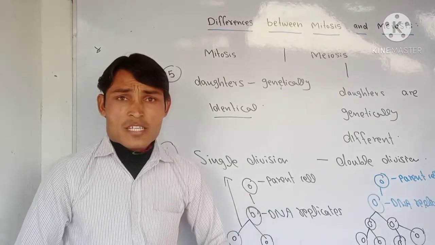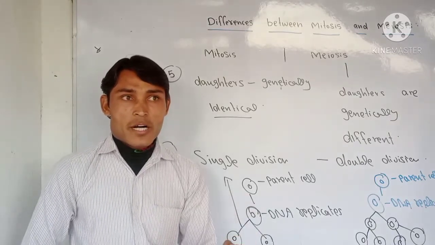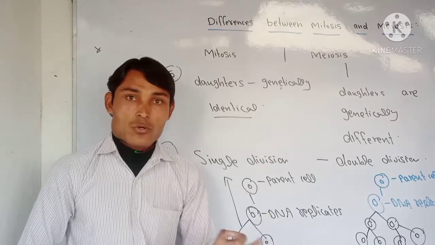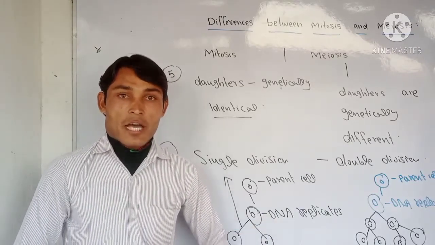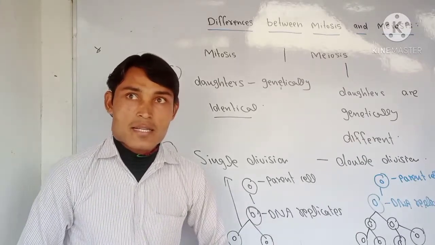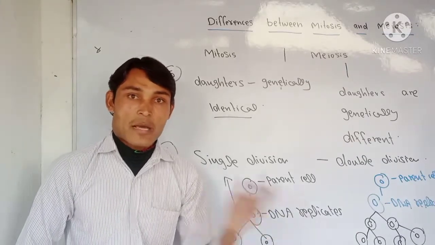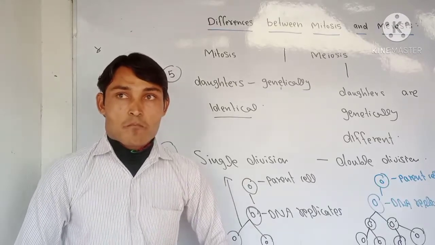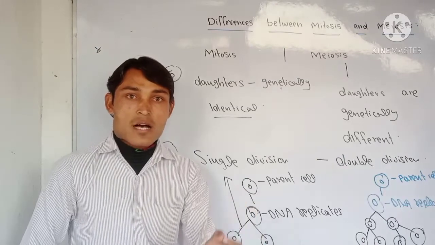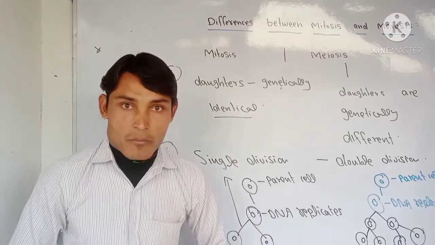The first difference is that the word mitosis is a Greek word, and mitos means rough thread. Mitosis was first described by a scientist named Walter Fleming in 1876. The next point is that mitosis occurs in somatic cells, which are also called body cells.